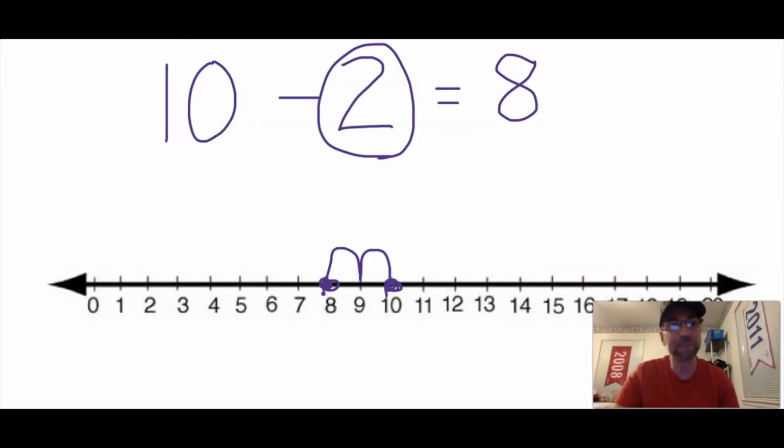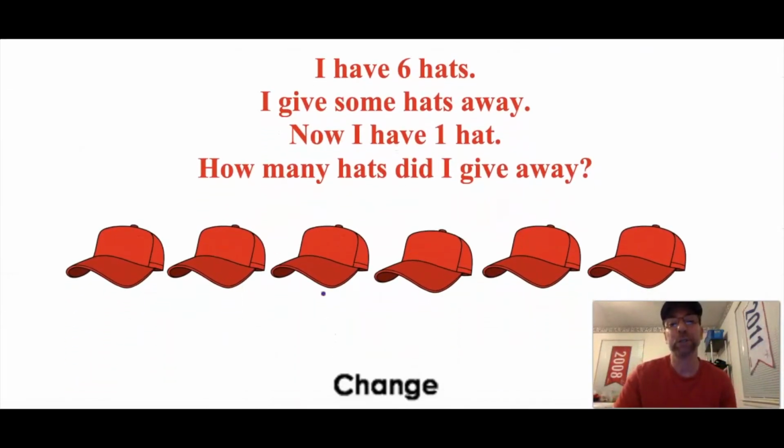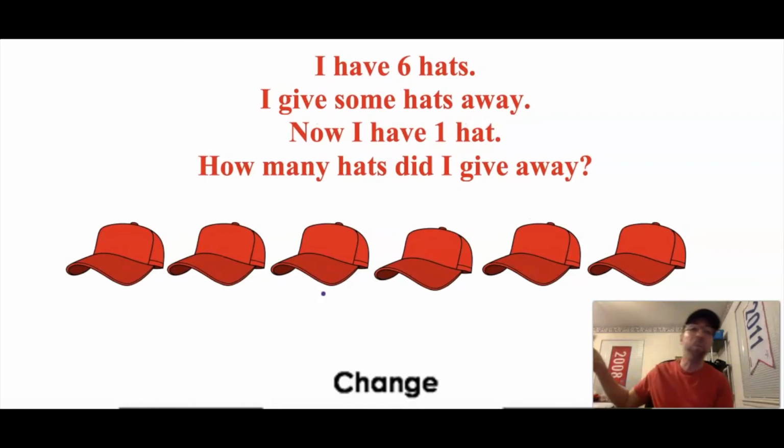And that was my answer. Awesome job. This is called having an unknown in our story whenever we see the words some. Go ahead and clear off your sheet protector. We have one more problem to try.